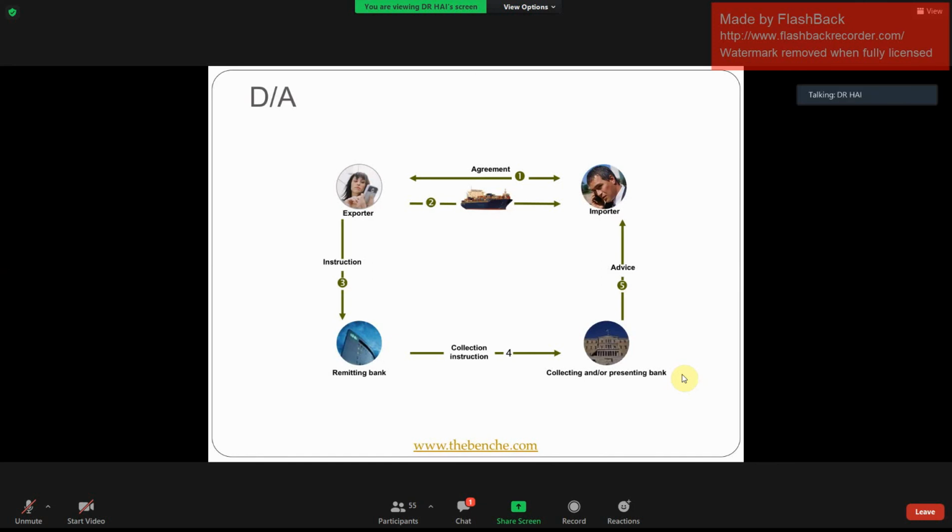You said the importer, right? Okay, so now I have a small question for you. Who can stop the transaction at step number 5? The exporter or the importer? The importer. Okay. So the importer is the person who initiates stopping the transaction.